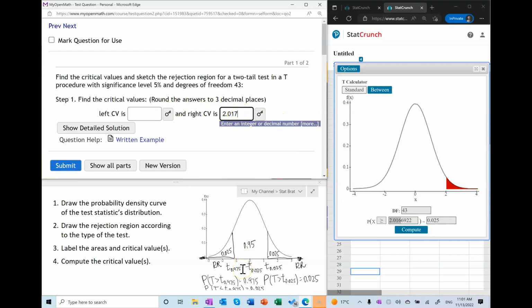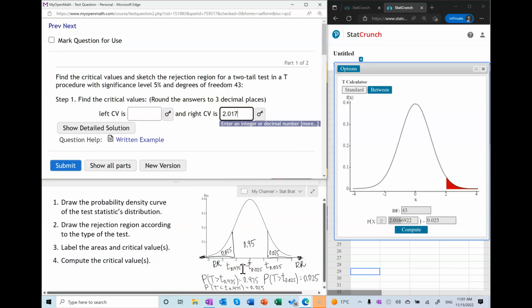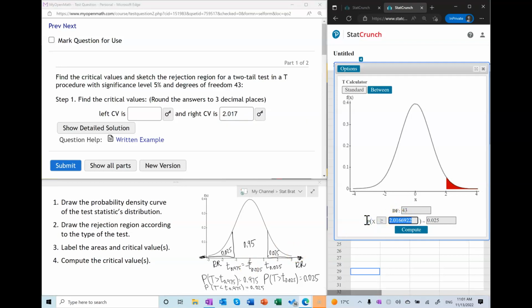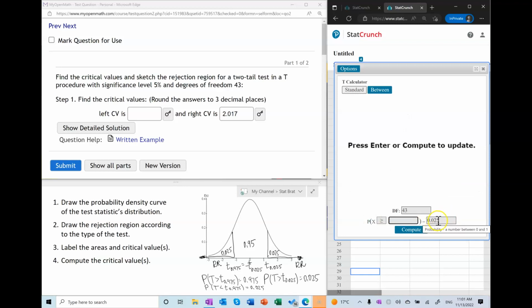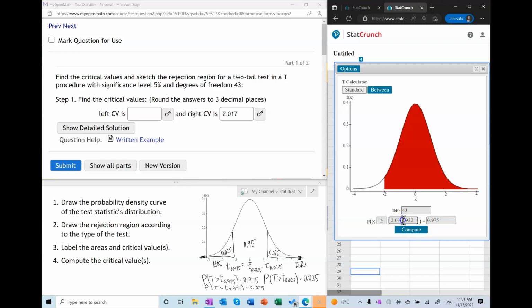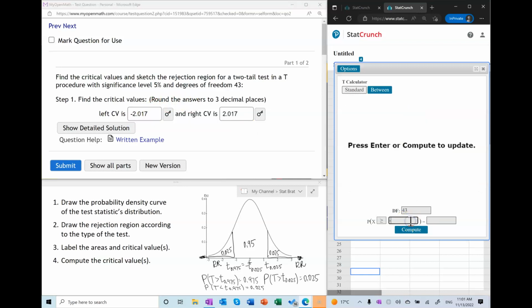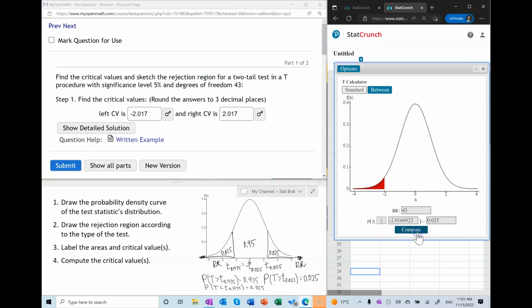However, we can also use the fact that the area to the right of the left critical value is 0.975, and we got exactly the same answer. We could have also obtained this answer using the fact that the area to the left of the left critical value is 0.025.